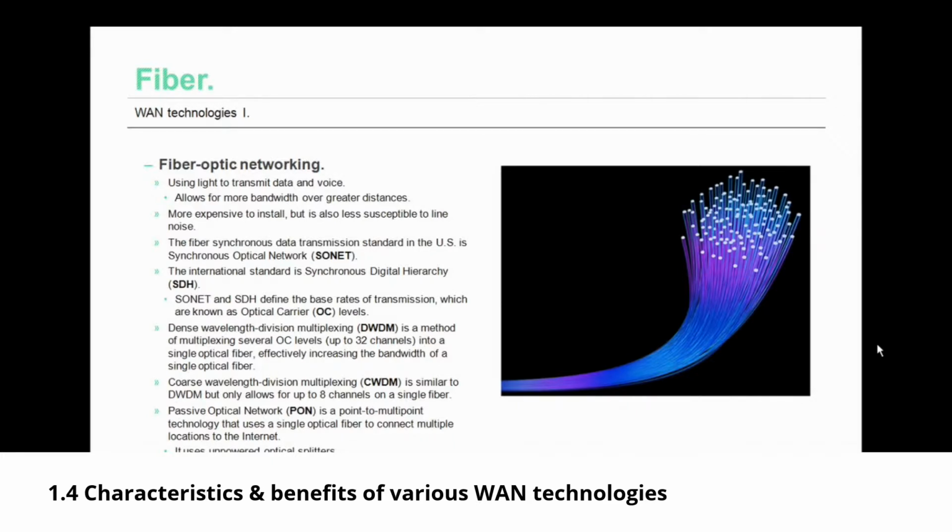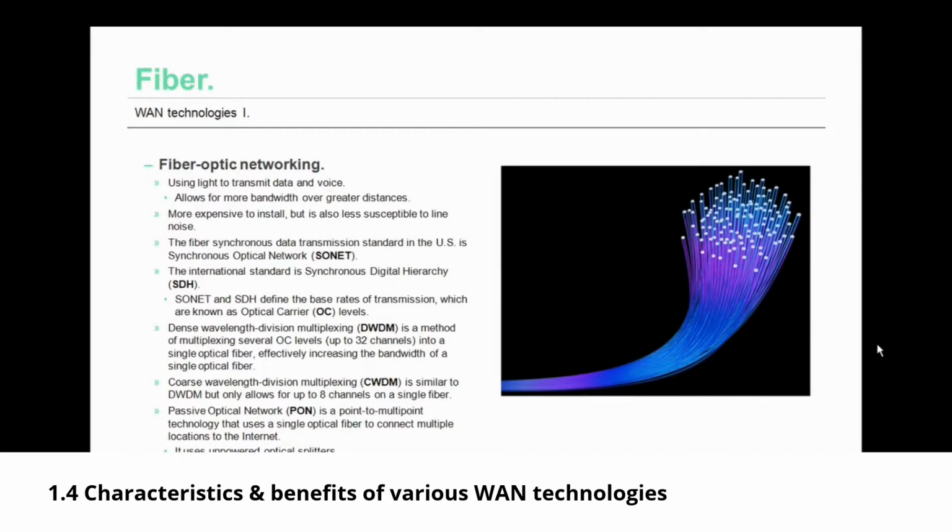Both SONET and SDH define the base rates of transmission over fiber optic cabling, which are known as optical carrier levels. Dense wavelength division multiplexing, or DWDM, is a method of multiplexing several optical carrier levels together, up to 32 of them, into a single fiber optic cable, effectively increasing the bandwidth of that single optical fiber.